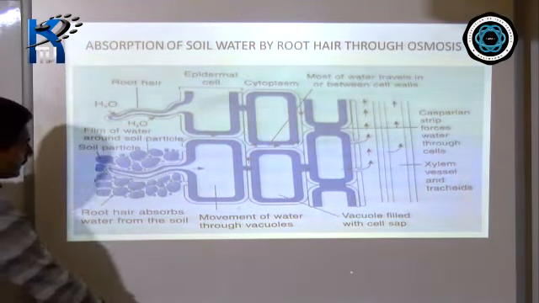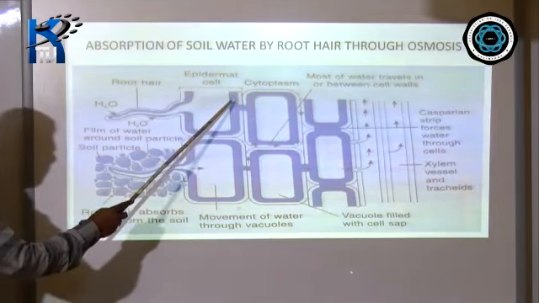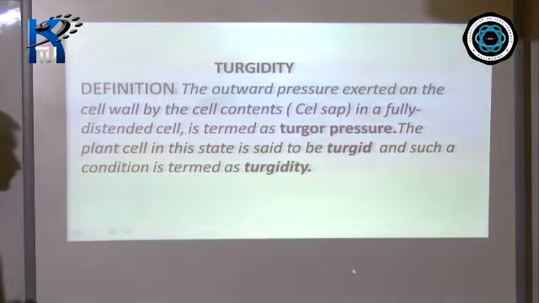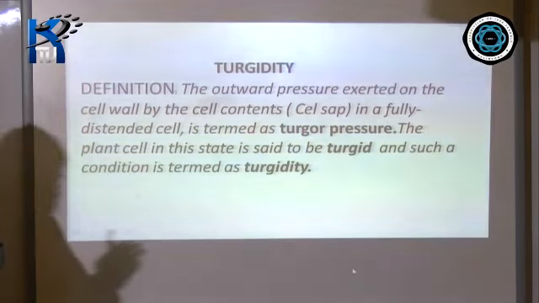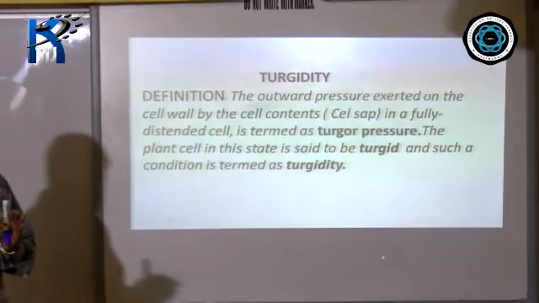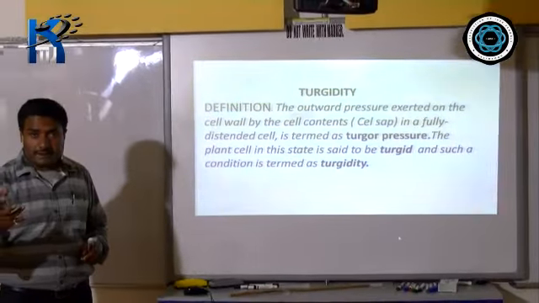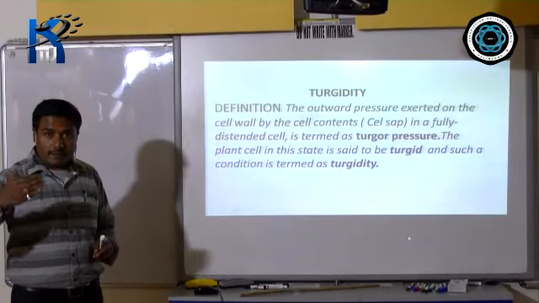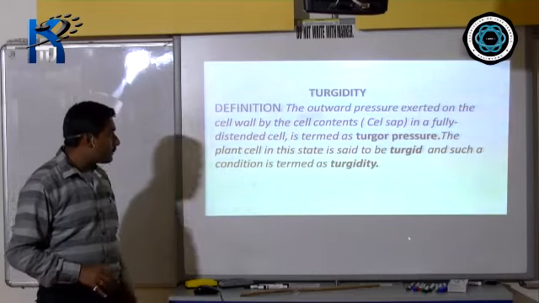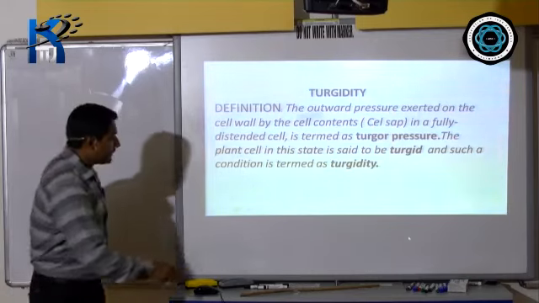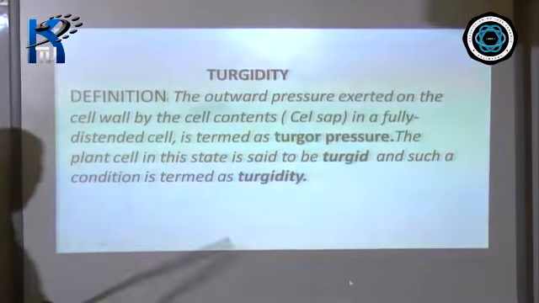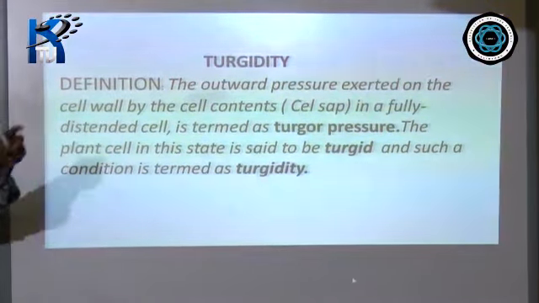Now, due to this the water will exert a pressure, and the phenomenon that results in the firmness of the cell, the firmness of the plant, which is considered rigid because of endoosmosis, leads to turgidity. So what is turgidity? Definition: the outward pressure exerted on the cell wall by the cell content.